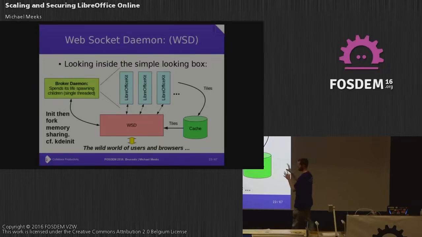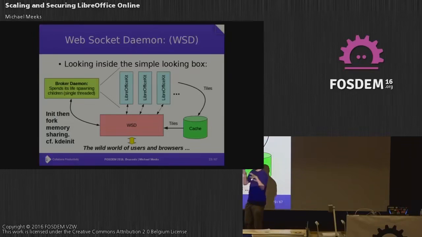However, I mentioned the sharing thing, and it's worth then understanding that inside this sort of web service daemon box, we work quite hard to share memory. So there's a thing called a broker daemon, and what we like to do is do a thing called, if you've used KDE, it has a thing called KDE init, that reduces the link time for the C++ apps it launches, but also shares a lot of memory between them, which is great. We want to do something similar. So we have a broker daemon that spends its life just sitting there spawning, forking worker threads.